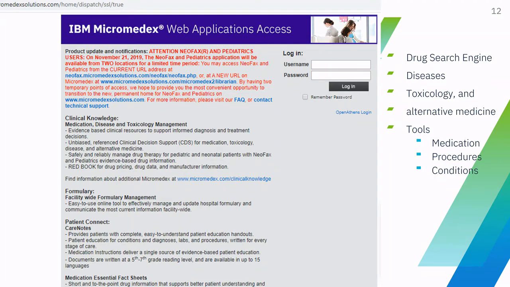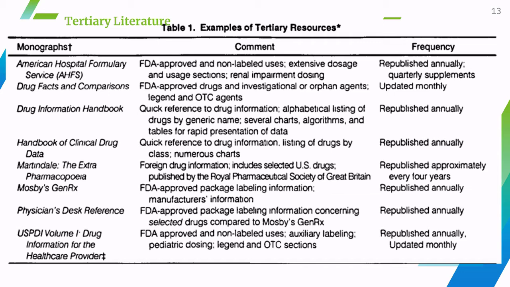However, these databases are classified as tertiary literature because the information included in these databases comes from primary literature. Please note that these types of databases require a subscription. In our socio-economic conditions, these are usually not affordable.